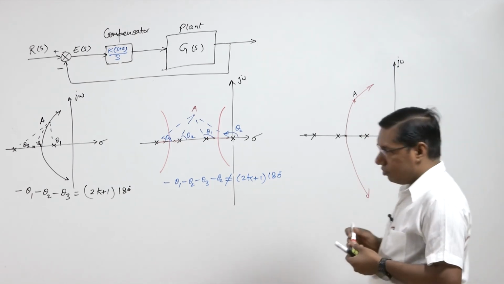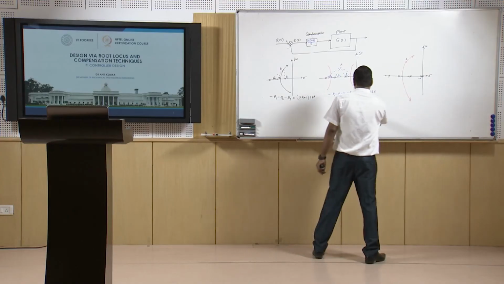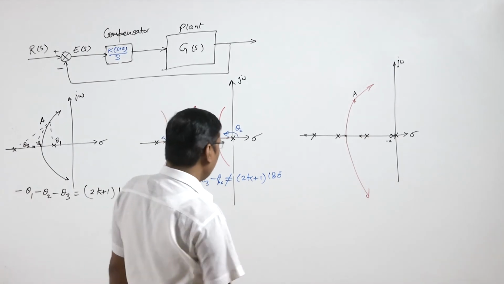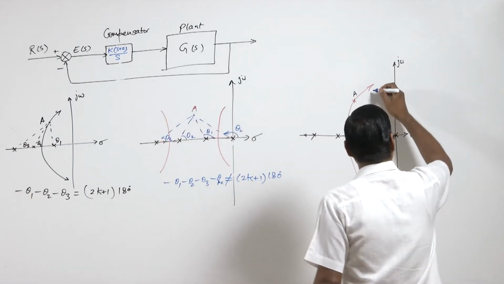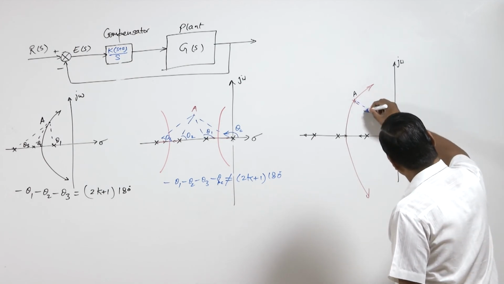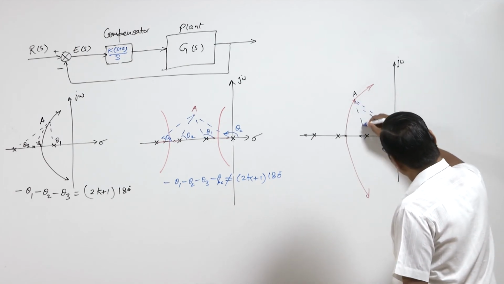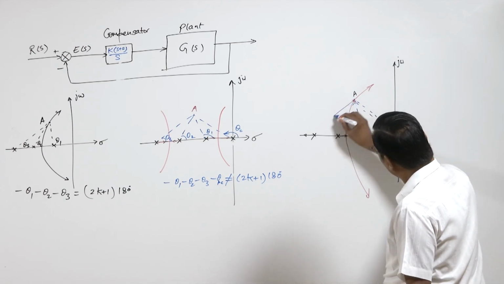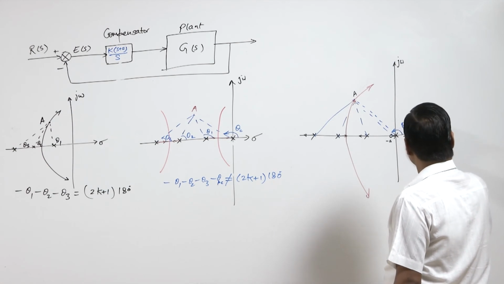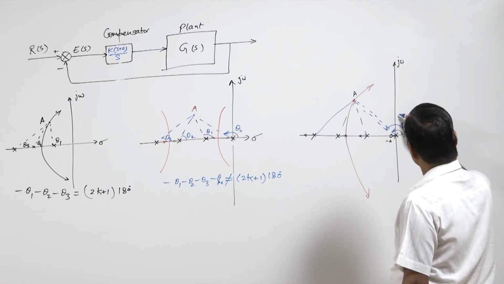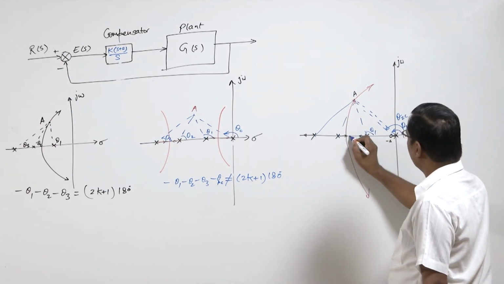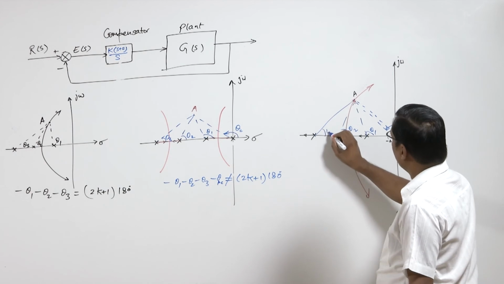So, we will have this angle. Let us say this is theta PC, the compensator pole angle, and the other angle is theta ZC, the compensator 0. This is theta 1, theta 2, and this is theta 3.